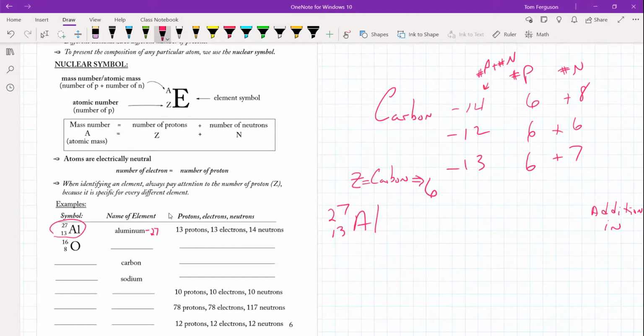It's aluminum-27. So for our class, you have to say what isotope it is. So this is the isotope.